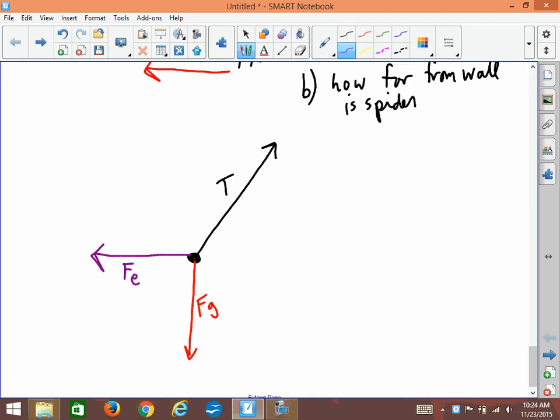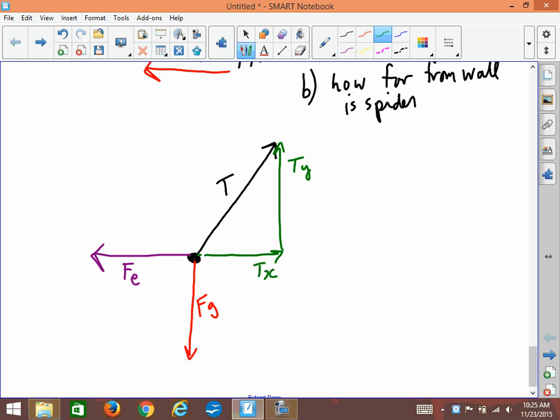We look at this picture and we see that two of these forces are nicely lined up with our x and y axes. Gravity and the electrical force are not a problem. However, the tension is on an angle, and we can't deal with an angle by itself. We have to do our little trick of resolving it into its components, right? Because remember, our strategy is to look at F net x and F net y. So for the tension, we have to look at two vectors, one this way and one this way. This will be called Ty, and this will be called Tx.